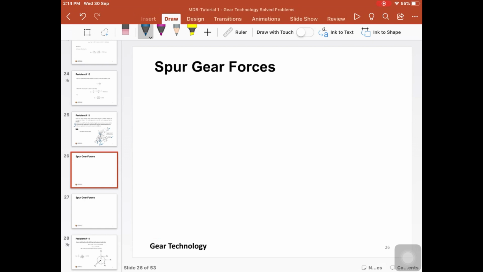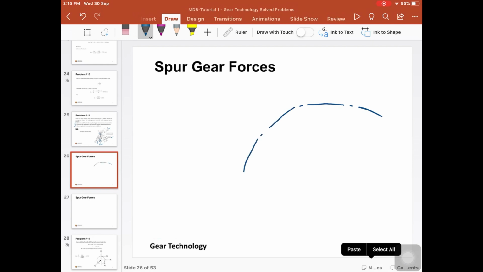I'm just going to draw here one tooth on a gear and show the forces on it first, and then I will write down the equations for the tangential force, the radial force, and the normal force.